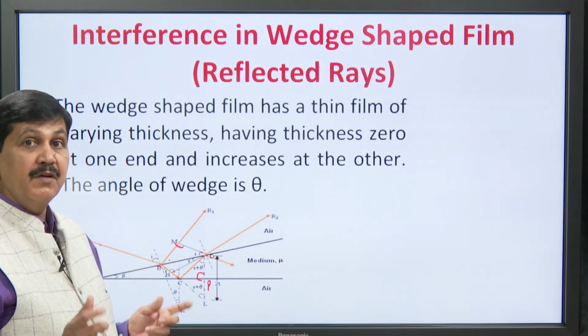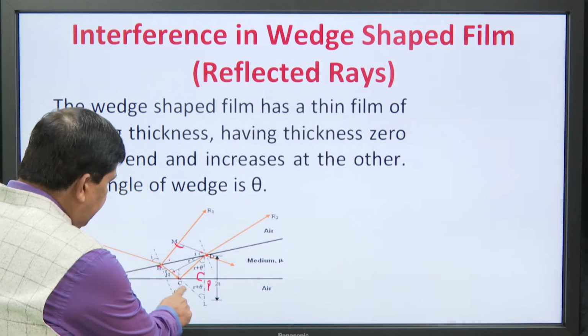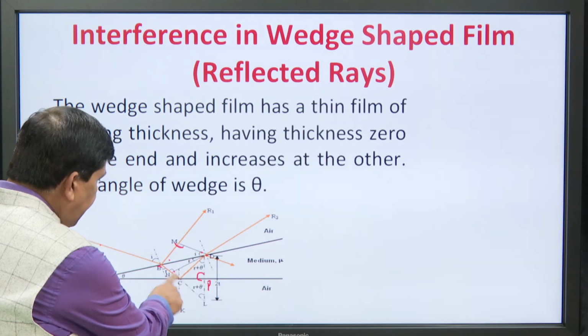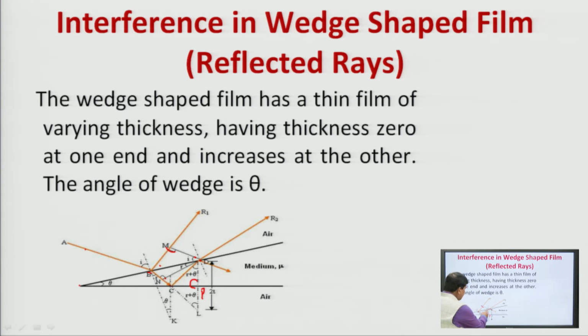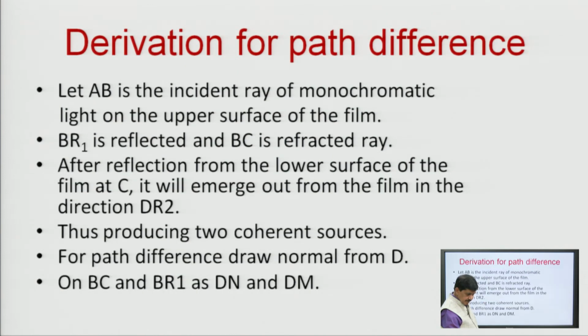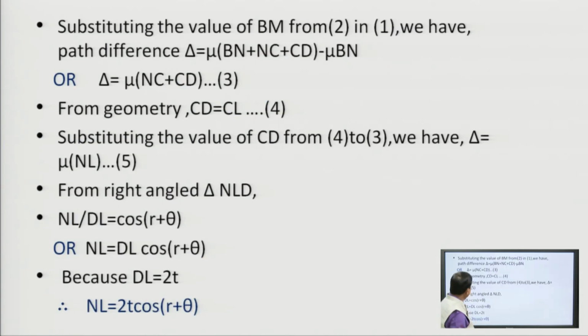If these two triangles are congruent, side CL will be equal to side CD. That is what we have to prove. CD must be equal to CL, and this thickness T means DP will be equal to PL, so DL will be 2T. That is why from geometry we write CD is equal to CL.